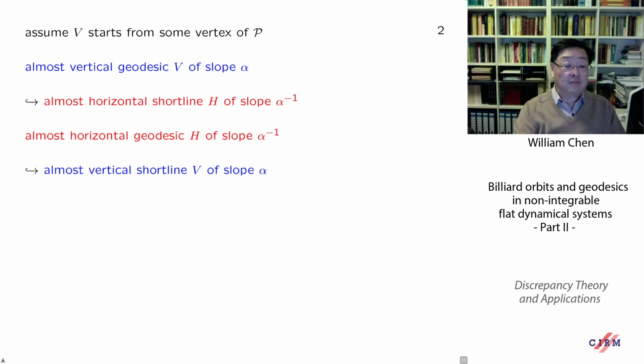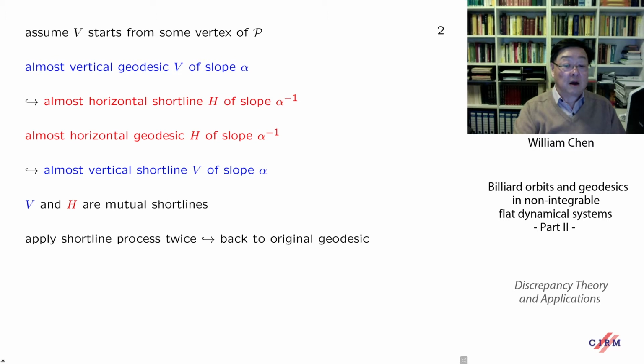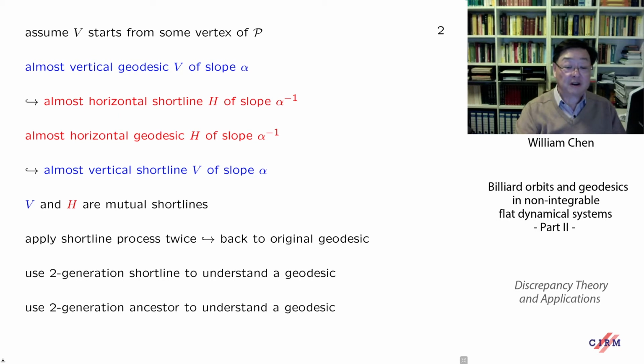And I want to remind you again that almost vertical simply means that the slope is bigger than 1, and almost horizontal simply means that the slope is between 0 and 1. So clearly, V and H are short lines of each other. And if we apply the short line process twice, we are back to the original geodesic.